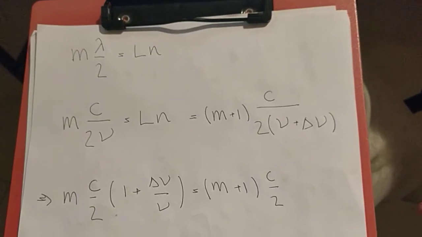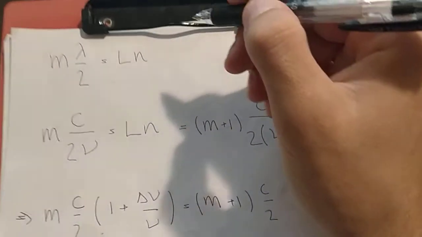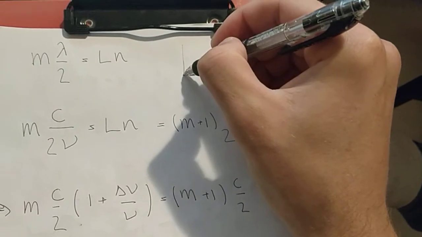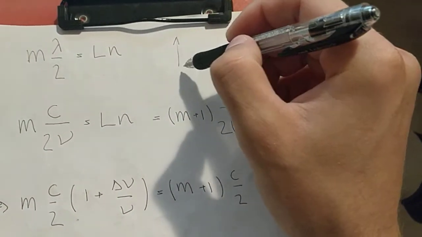This is my derivation of what's called the free spectral range in a Fabry-Perot cavity or laser.